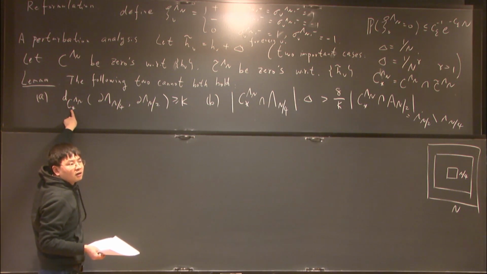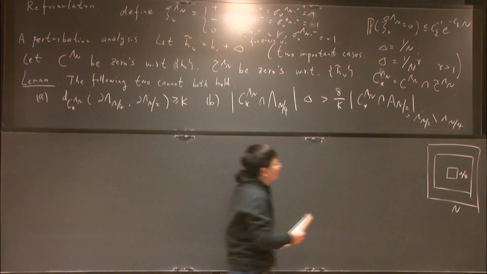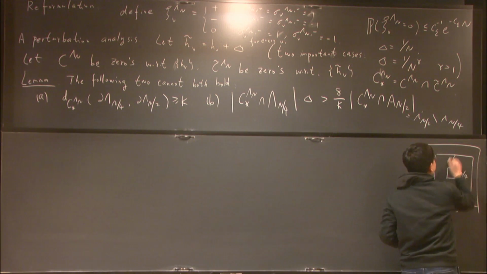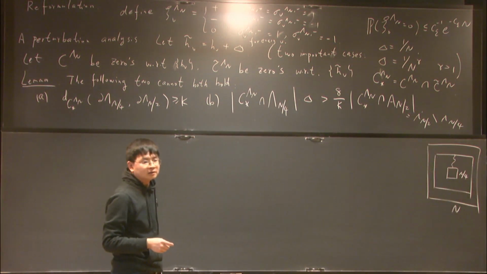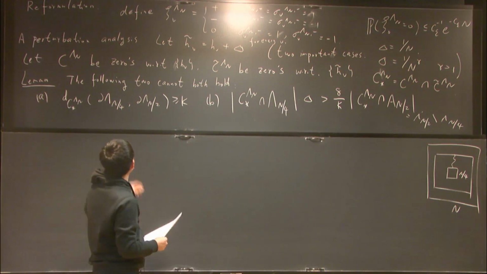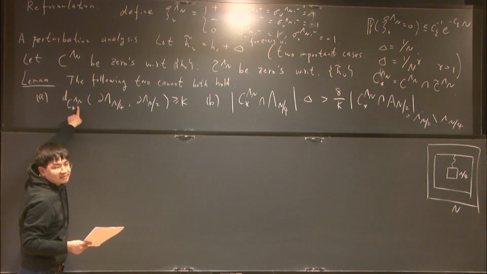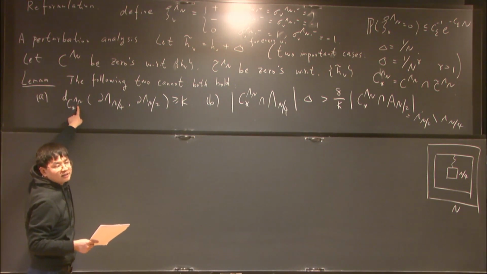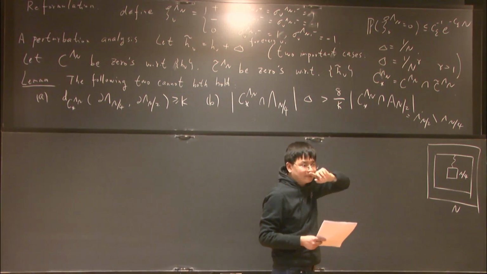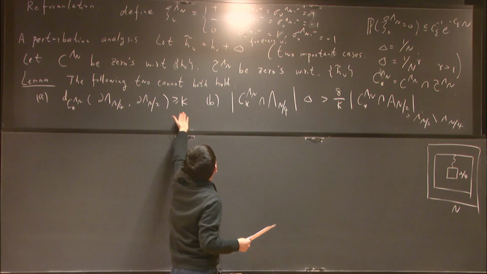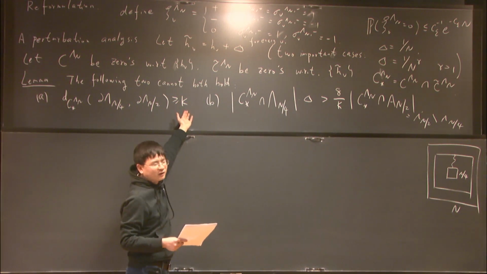The distance is between these two boxes. But that distance is in my C star. C star is the intersection of the zeros before and after perturbation. Of course, a priori, you know this has to be at least n over 2 or n over 4.